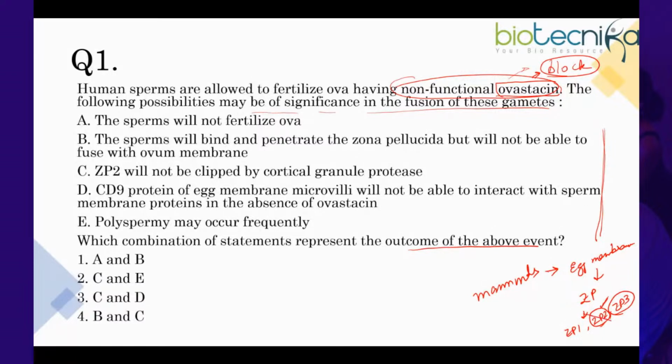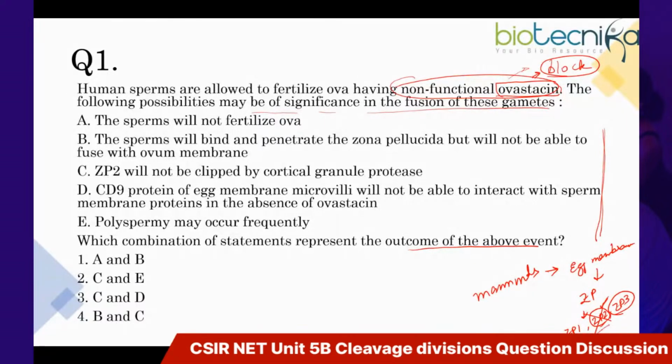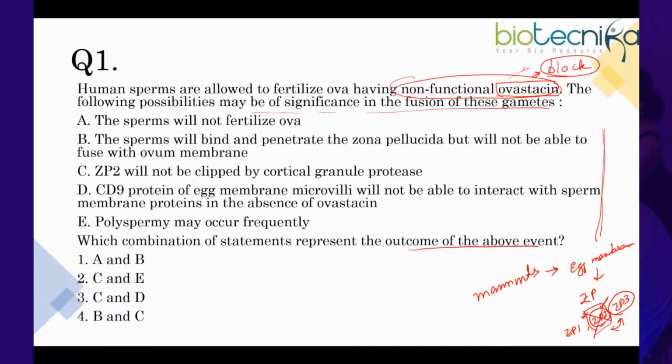It is cleaved by the ovastatin. This is what happens. So what happens when it is cleaved? Since I said ZP2 is required for recognition, it is needed for the recognition of the sperm, that is, the sperms binding to the egg membrane.